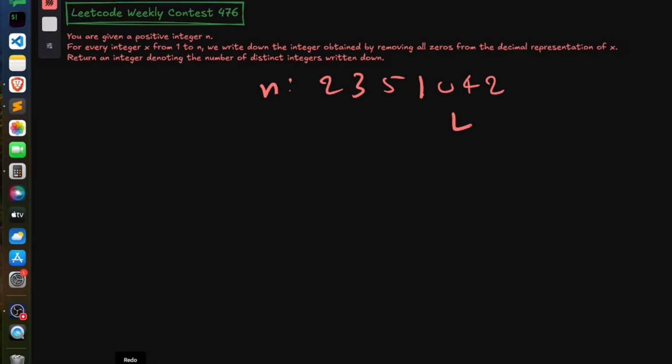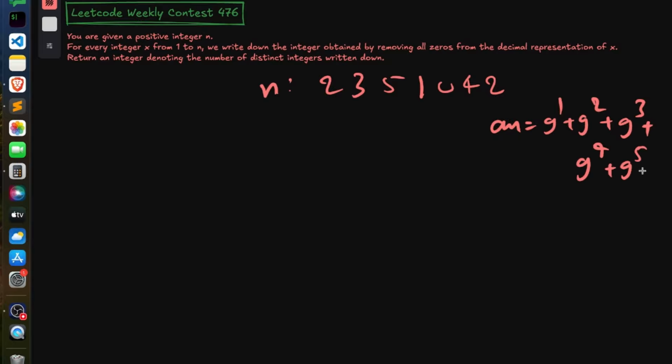So your integer was this one, right? Yeah. So this was the given integer. So for this test case, your answer is nothing but 9 to the power 1 plus 9 square plus 9 cube plus, 1, 2, 3, 4, 5, 6, 7, 9 to the power 4 plus 9 to the power 5 plus 9 to the power 6.